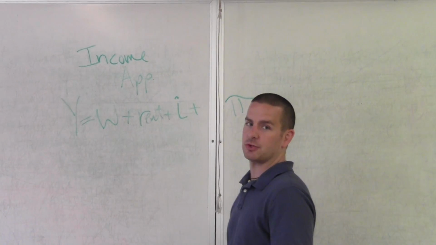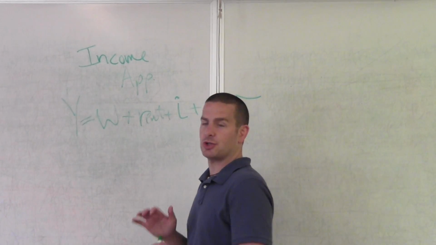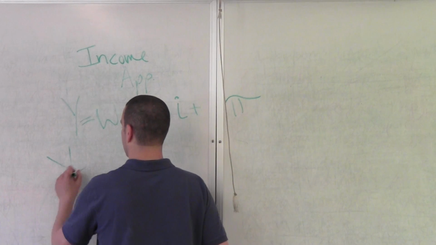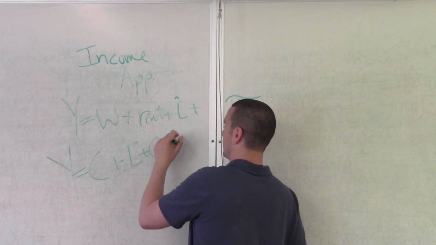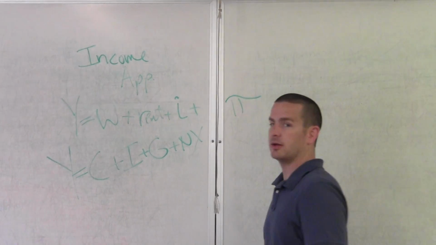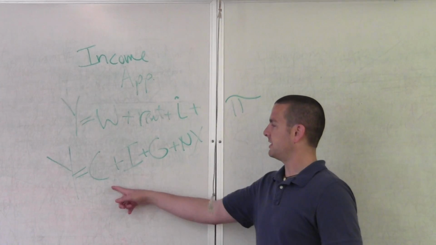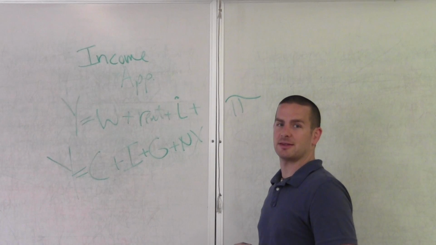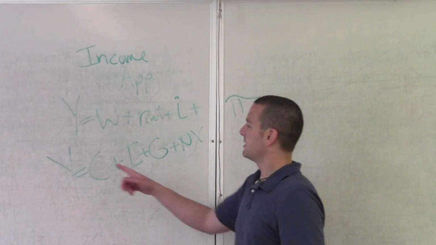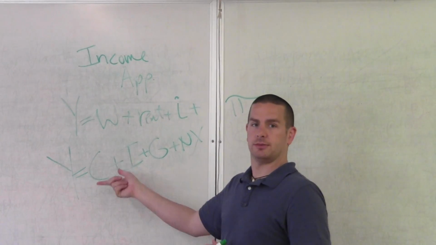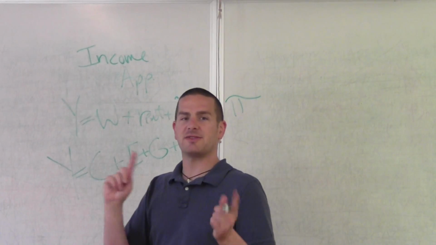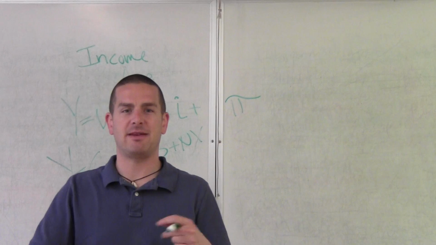Regardless, remember, Y is equal to this. That's the income approach. The expenditure approach is C plus I plus G plus net X. Since these Y's are the same thing, these are equal. It's two sides of the same coin.